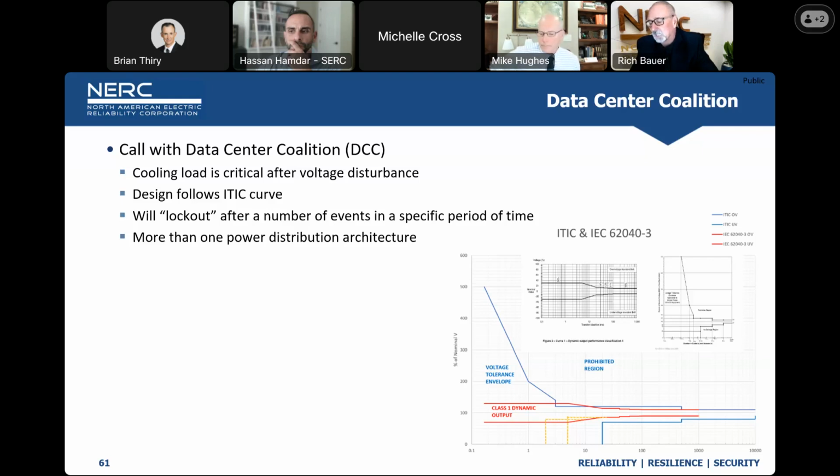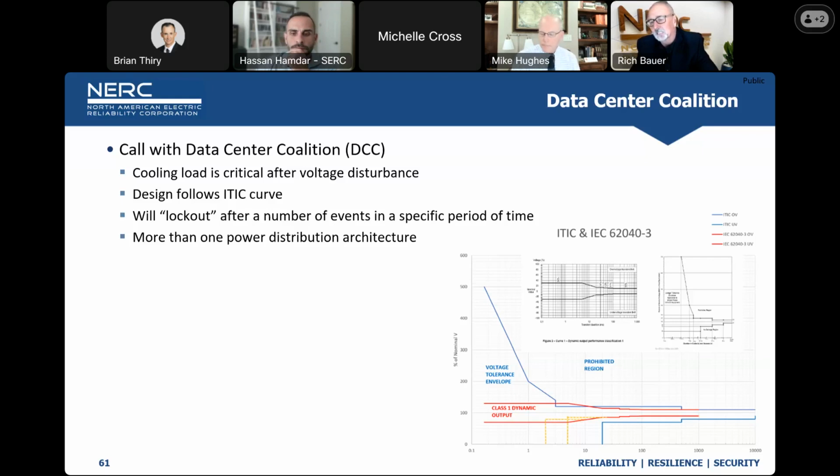And if you look at the red lines on that chart, where it says class 1 dynamic output, that's the most voltage sensitive that the loads would be, if they adhere to this class 1 curve, which is stipulated in the IEC documentation. And what the data center people told us is that a majority of the new data centers being built will be built to that spec, that class 1 dynamic spec.